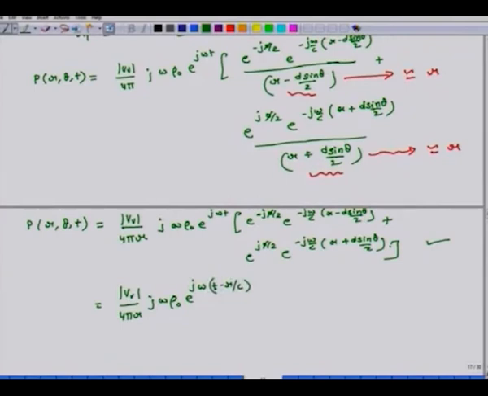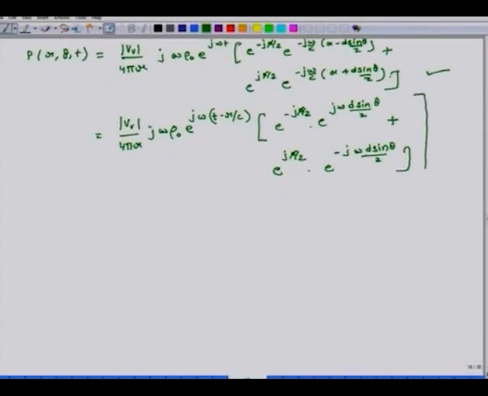In the parenthesis I am left with e^(minus j phi over 2) times e^(j omega d sin theta over 2 c), plus e^(j phi over 2) times e^(minus j omega d sin theta over 2 c).